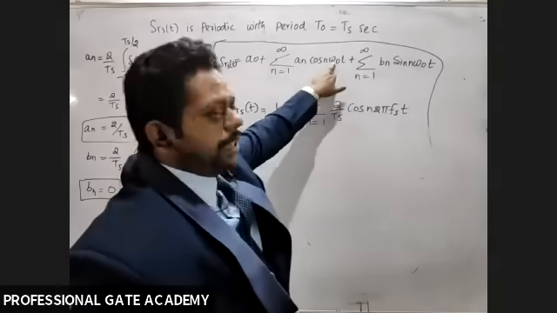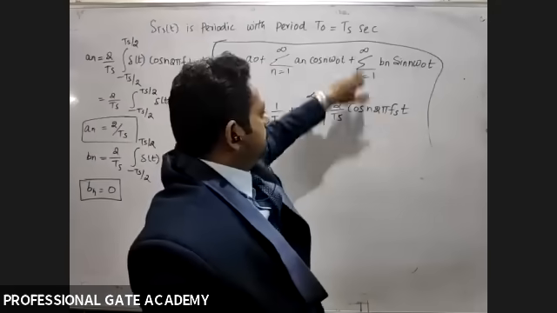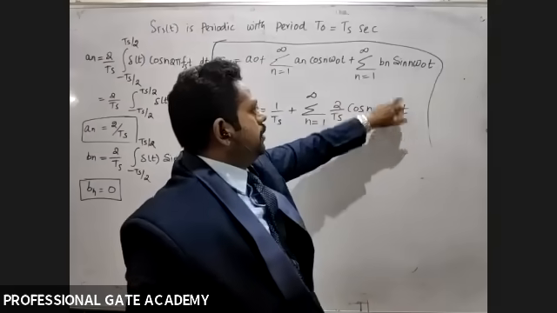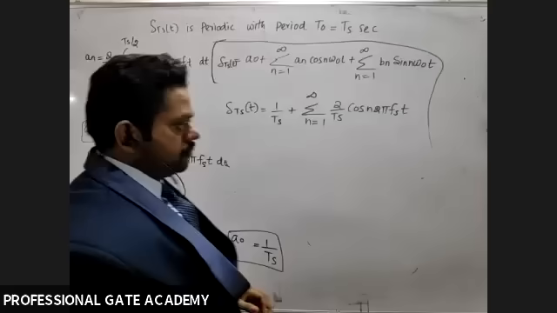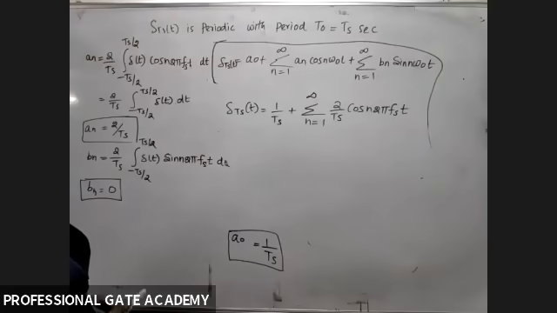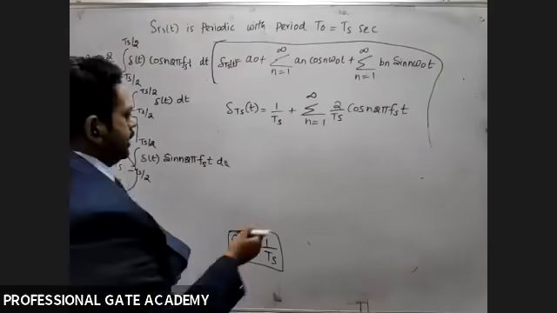Omega naught is 2 pi f naught, equal to fs, so cos n 2 pi fst. And Bn is 0. So this is del Ts of t.